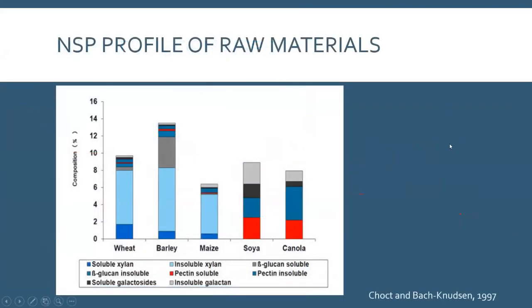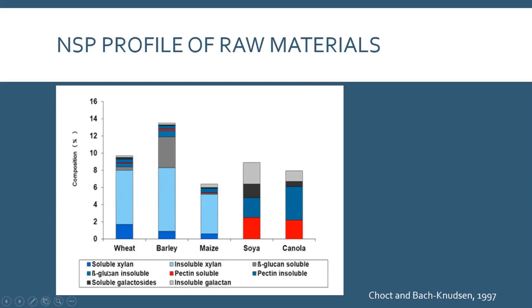So we could see here that, as I've mentioned, most of the raw materials that we are using in the diets contain high NSP levels. The wheat, corn, barley that we use, and these oilseed meals like soybean and canola, these are the major ingredients that we use.